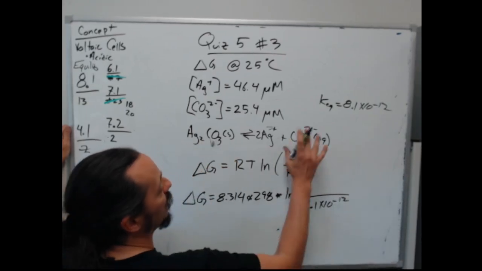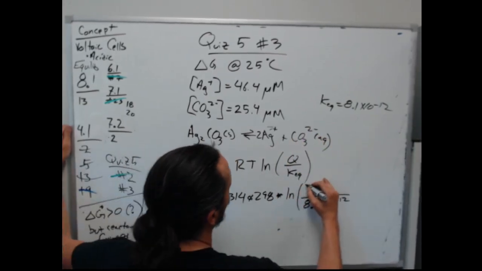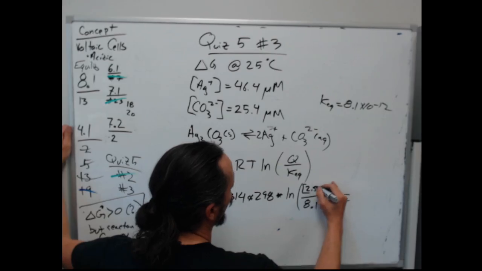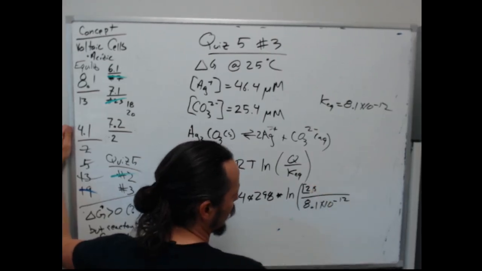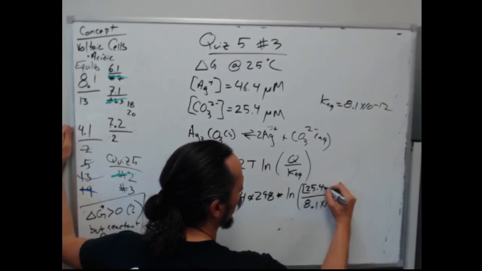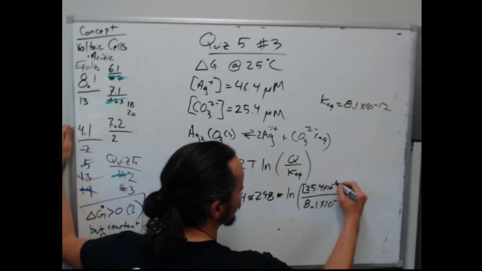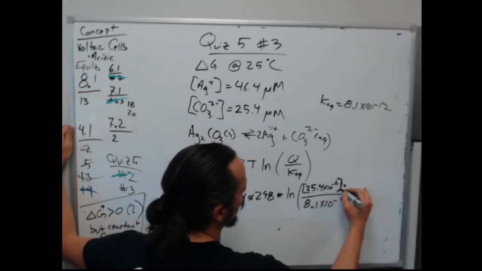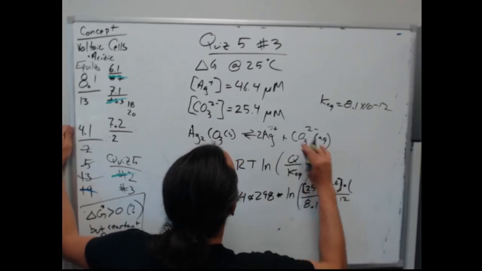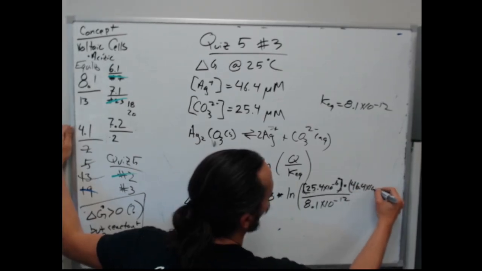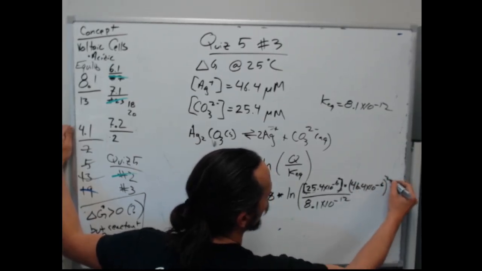My Q value is going to be just the products, really. So it's going to be carbonate concentration, 25.4 times 10 to the minus 6, times silver concentration, 46.4 times 10 to the minus 6, squared.